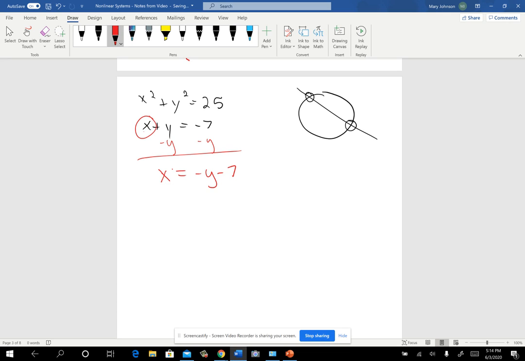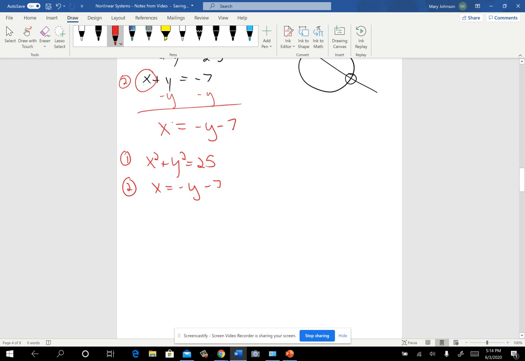That's still the second equation, just rearranged. What I'm going to wind up doing is thinking about the first equation that we had, and now the second equation in its new form is looking a whole lot like the previous problem that we did. I'm looking for the intersection between the two. So the x from one equation and the x from the other would be the same at that point of intersection.